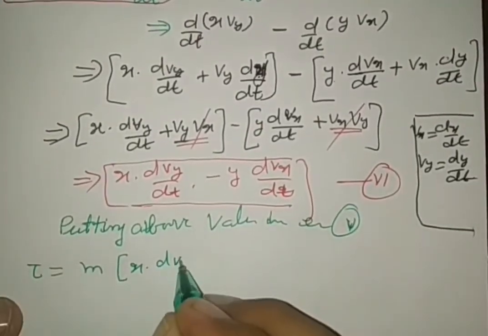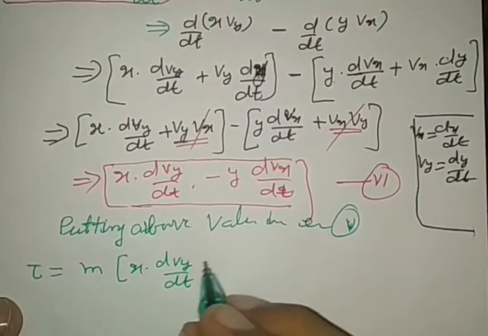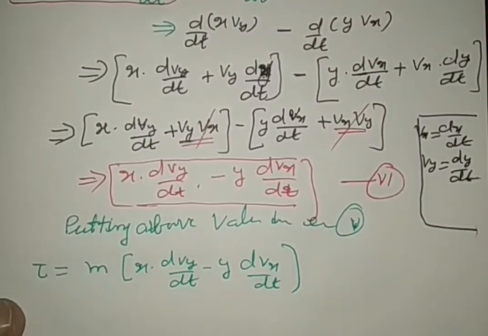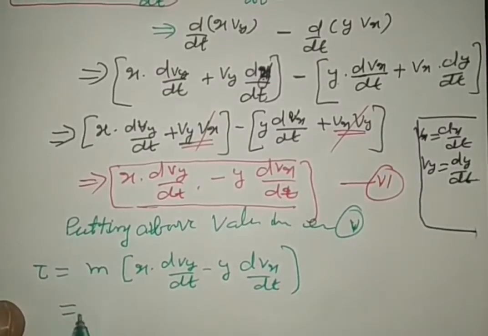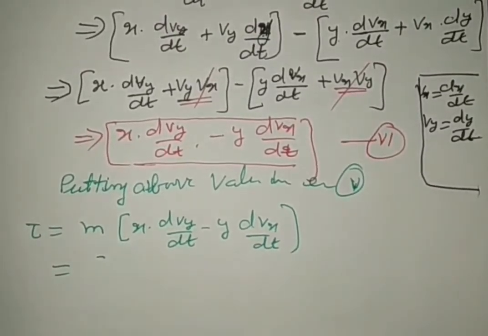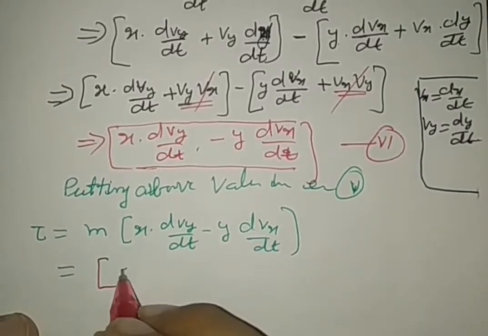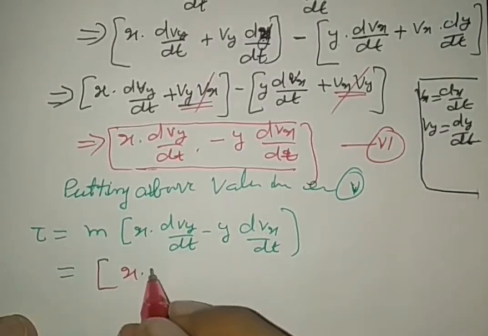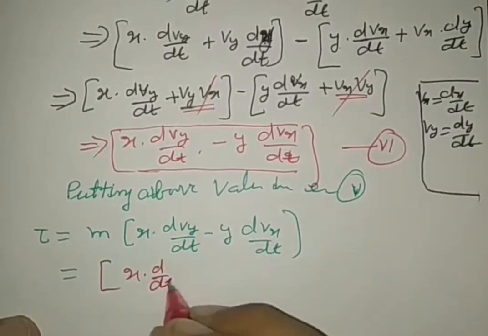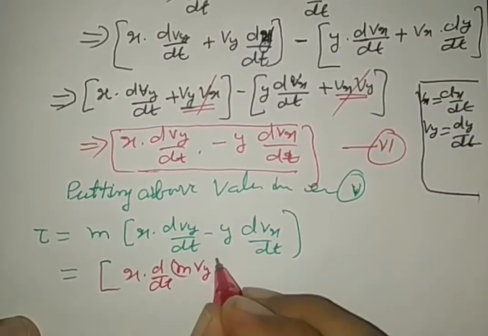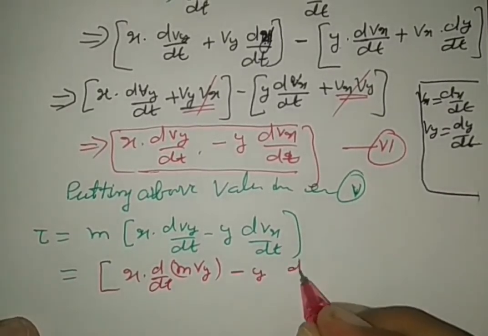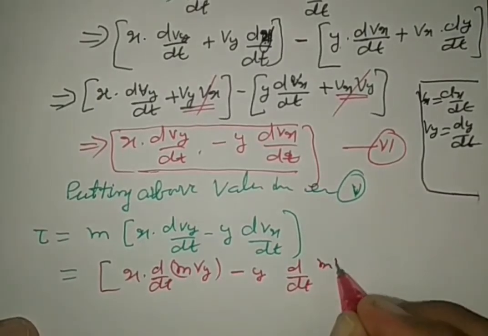It is only to represent you x dvy by dt minus y dvx by dt. Now we are going to take m inside. So if we take m inside, it is x d by dt of mvy minus y d by dt of mvx.